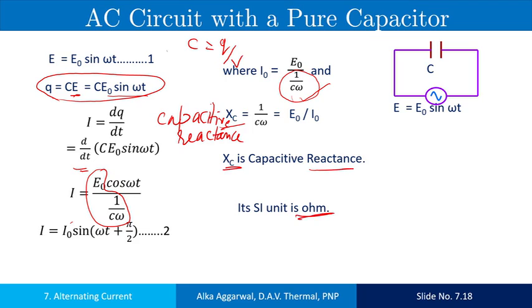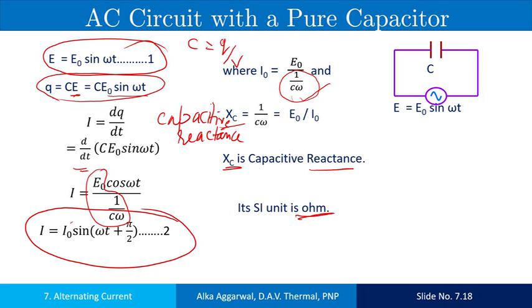When we compare equation number 1 and equation number 2, there is a difference of pi by 2. It means the current leads the voltage by the angle of pi by 2 in a pure capacitive circuit.